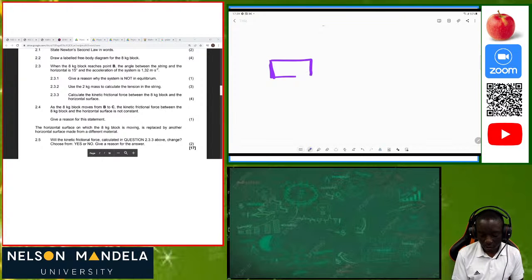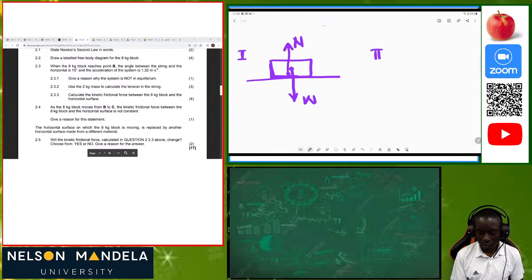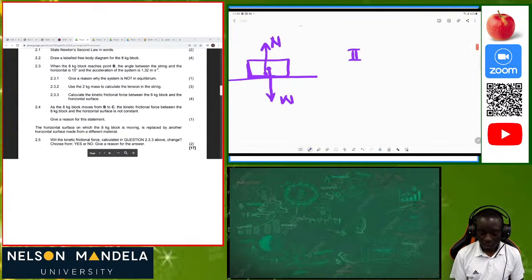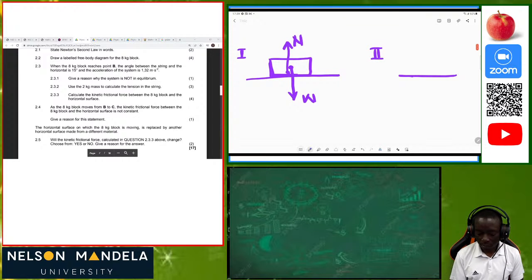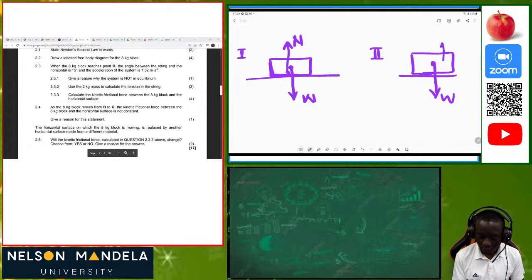We have our block. With the block lying on the surface like that, we have the weight of the block, and the normal acting from the same point upwards. Okay, so this is case number 1. In case number 2, the same block lies on the surface and it has the same weight, but we introduce a small force.